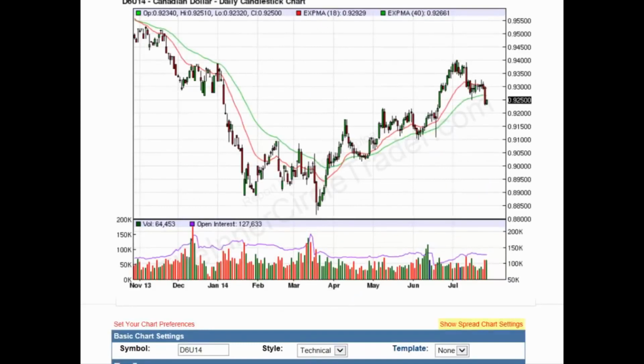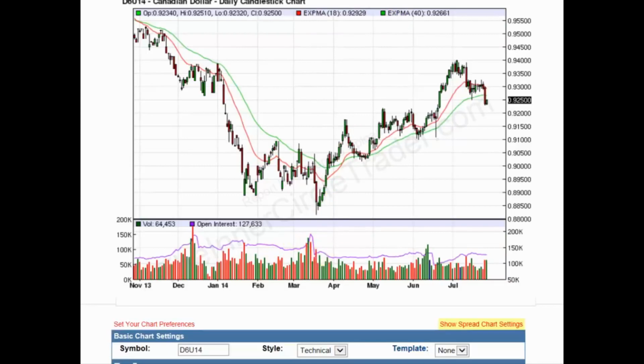Looking at the daily chart, we have our 18 and 40 day EMAs. The green is the 40 and the red is the 18 day, as noted here, exponential moving average. And I have the open interest.